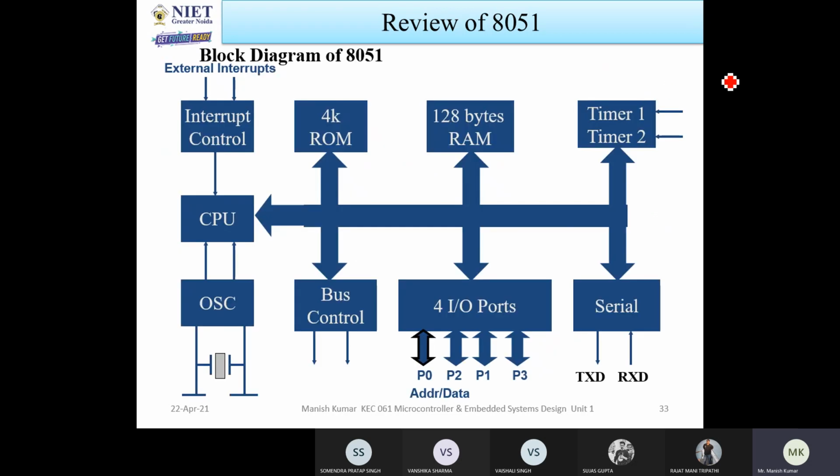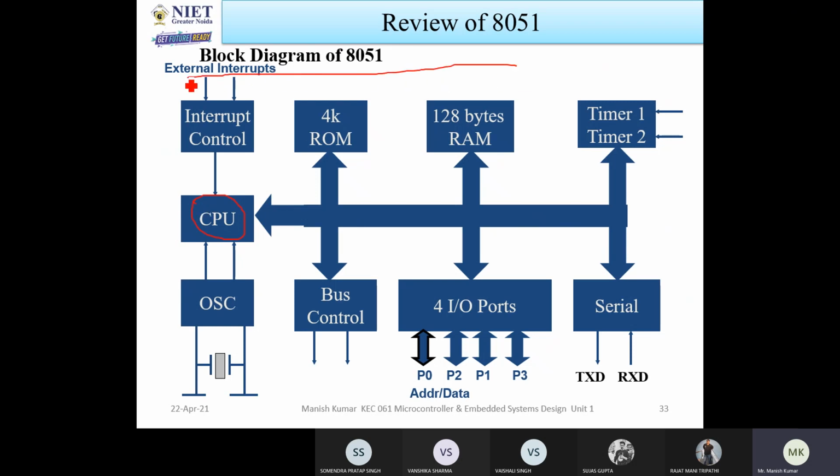Now you can see the basic details, the basic things of the 8051. So whatever I discussed in the features, you can see in the block diagram itself. Now you can start from there. Let us consider this is a CPU, having processor units.